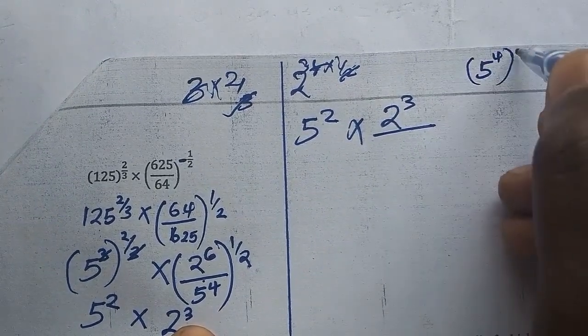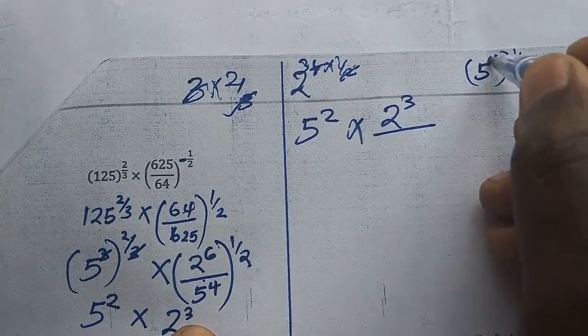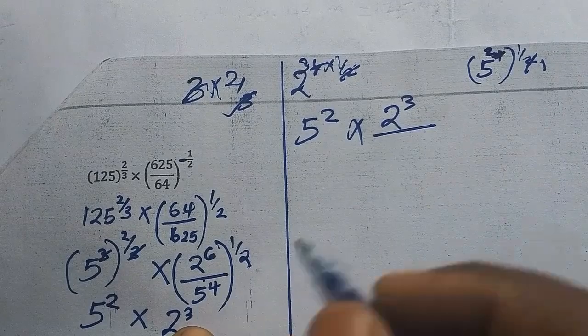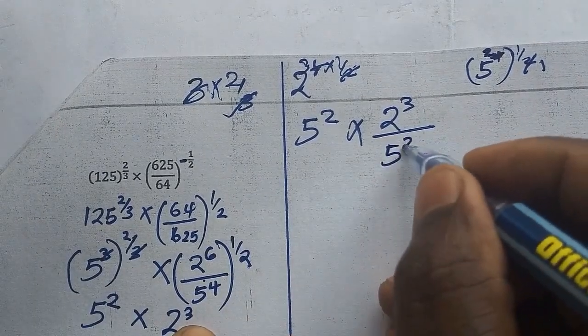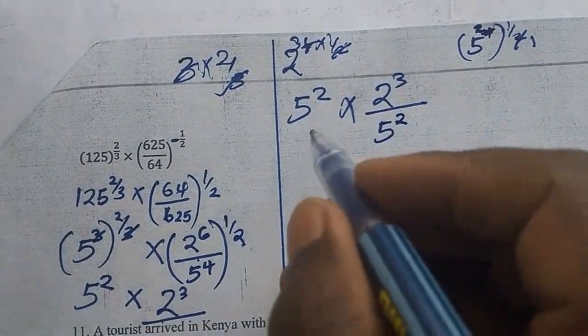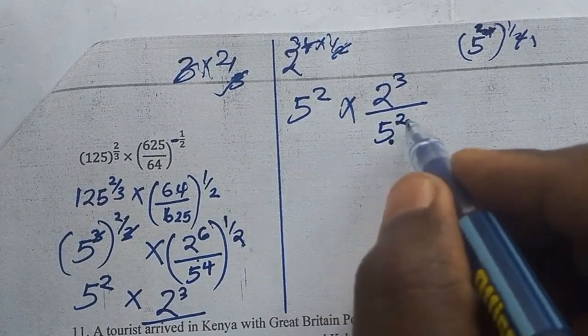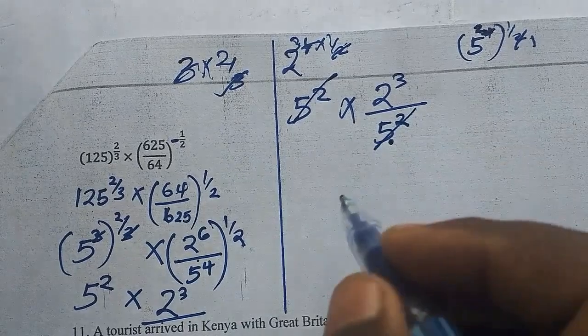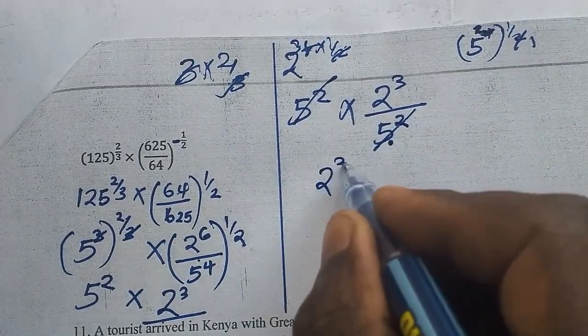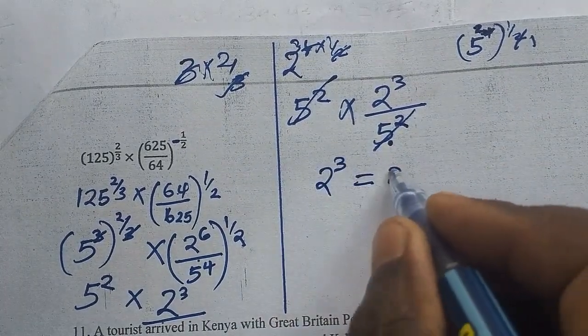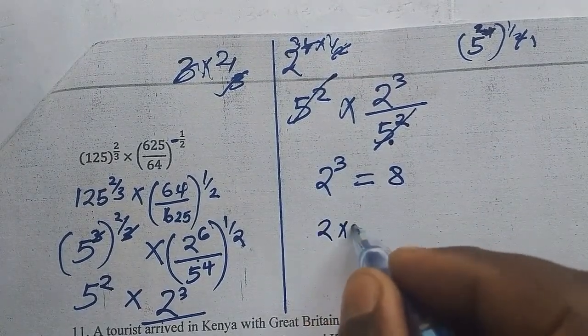This one here is here twice, so therefore this is the same as 5 raised to power 2. Now 5 raised to power 2, this one and this one will disappear, so we'll have 2 raised to power 3, and this is equal to 8. This is the same as 2 times 2 times 2, and the answer is 8.